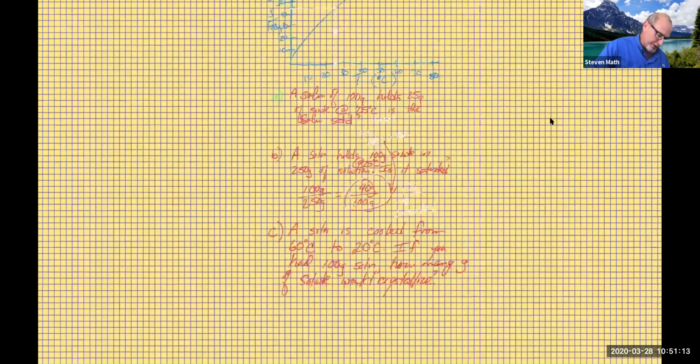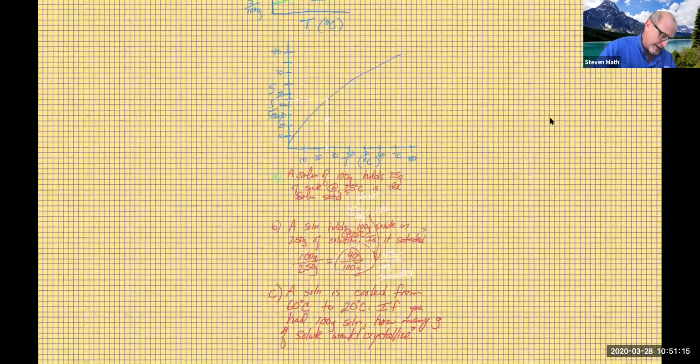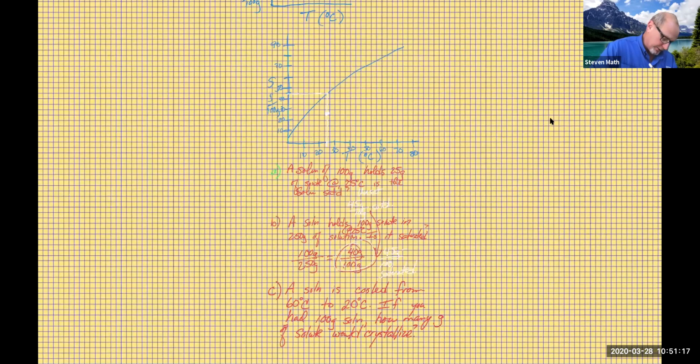So in this case, I gotta go back. We're going from 60 to 20. So 60 degrees. I don't know if this is yellow on yellow. Not bad. At 60 degrees, I've got that much.